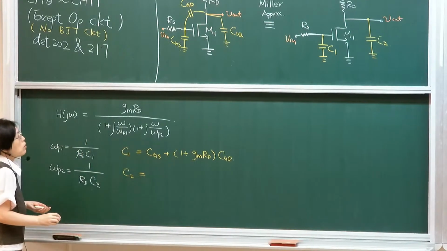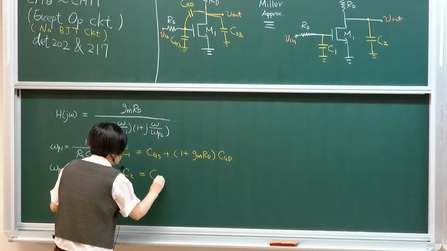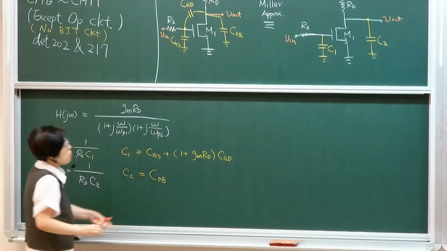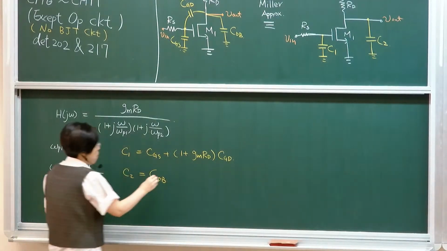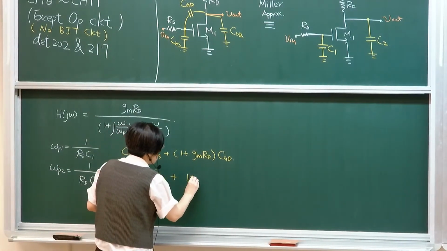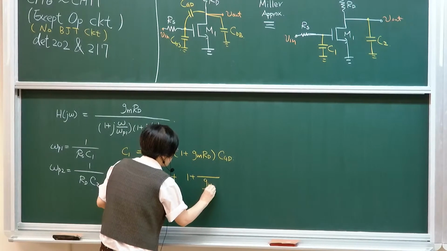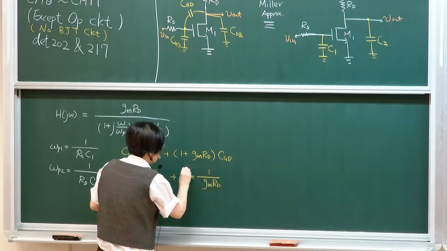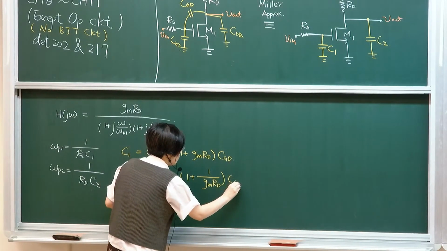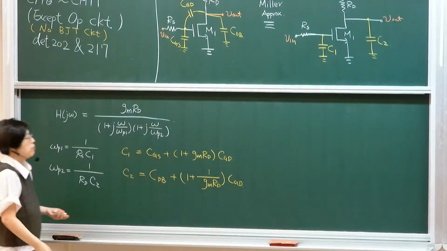So from the output terminal, you have this parasitic capacitance, and then there's also Miller capacitance. Okay?